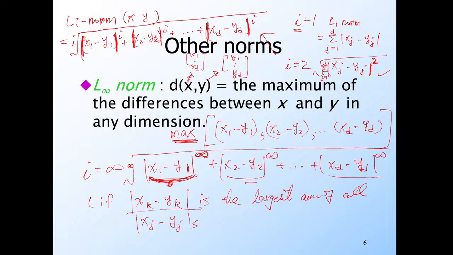If this is the largest one, then it dominates xj subtract yj to the power of infinity for all j not equal to k, right? So that means this entire thing will be, let me erase something.